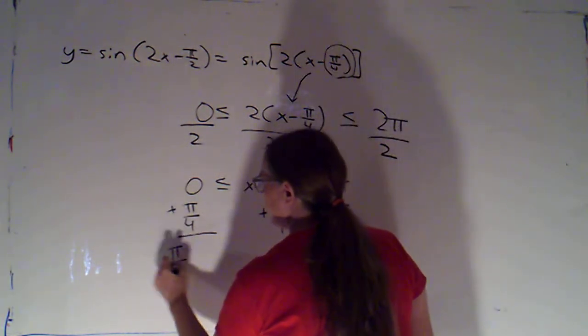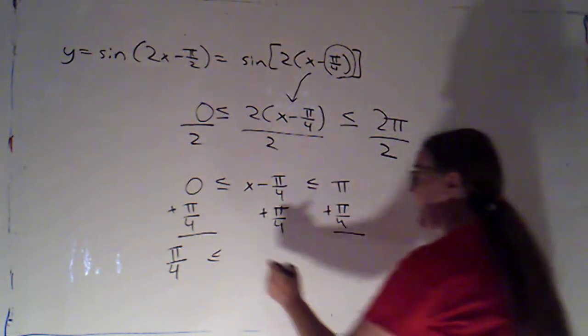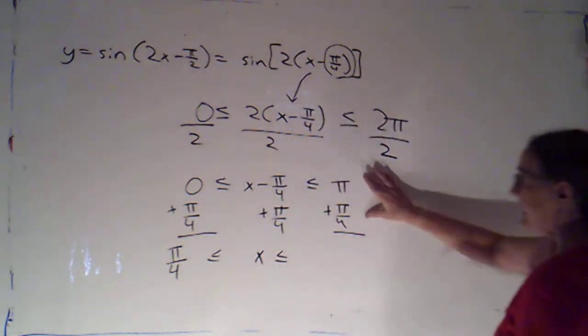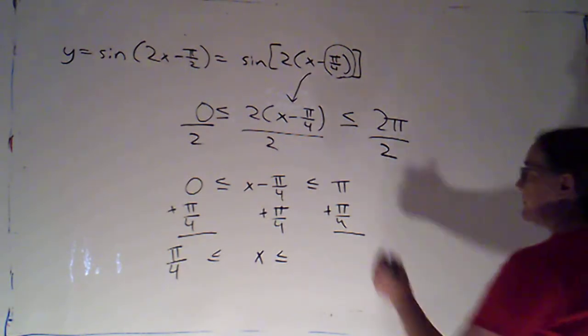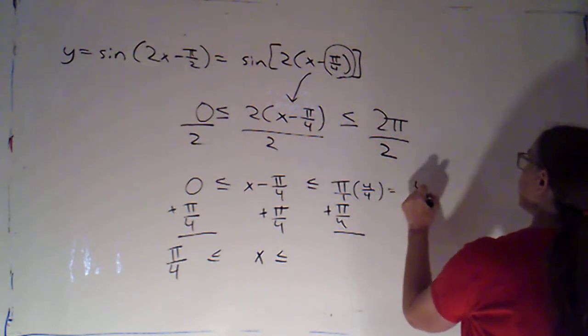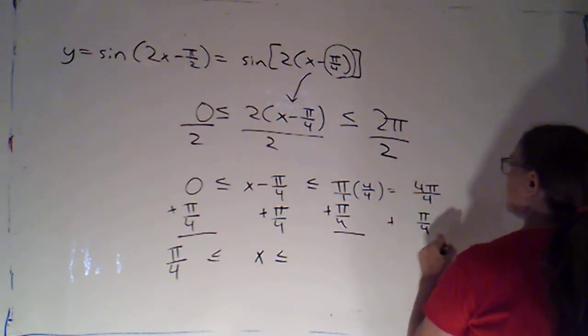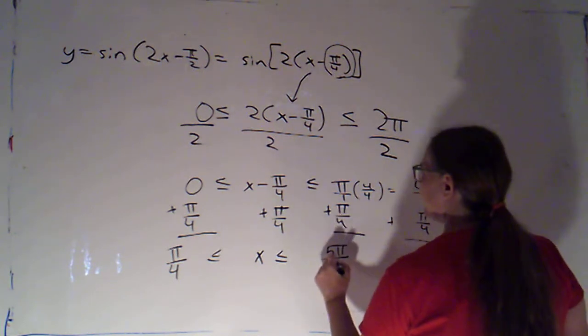So 0 plus pi over 4 is pi over 4. Here in the middle, the pi over 4's cancel, so I get x. And here, I need a common denominator. So that pi was pi over 1, multiplied by 1 in the form of 4/4, so we've got 4 pi over 4. We're adding pi over 4. We're going to get 5 pi over 4.